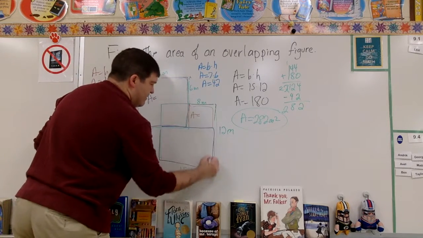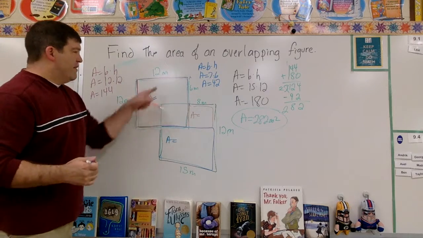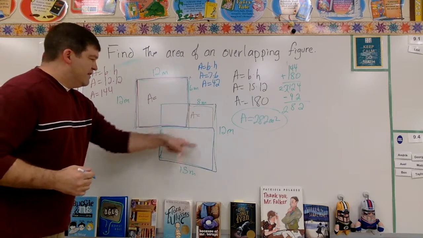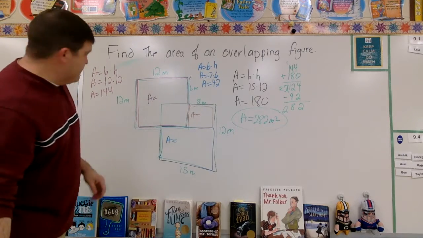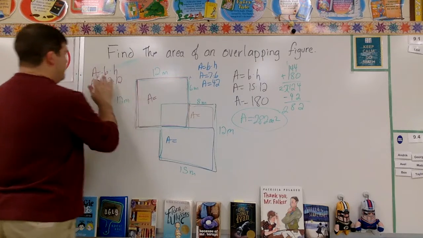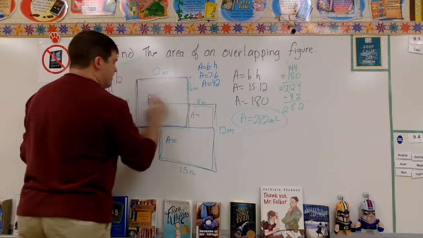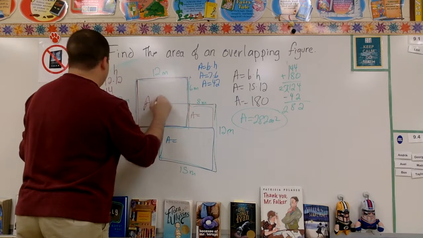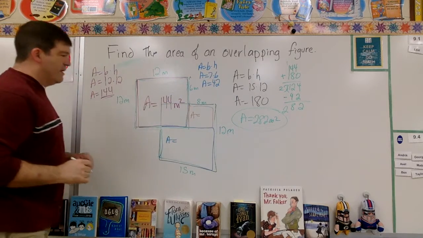And I have this area here equaling something. So now I just find the area of this, the area of this, the area of this, put them all together, and I'm good to go. All right, let's start with this one, which we already did because it's a 12 by 12. So this area equals 144 meters squared. Okay.